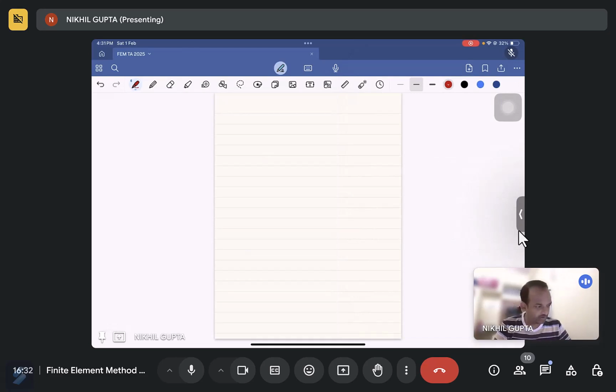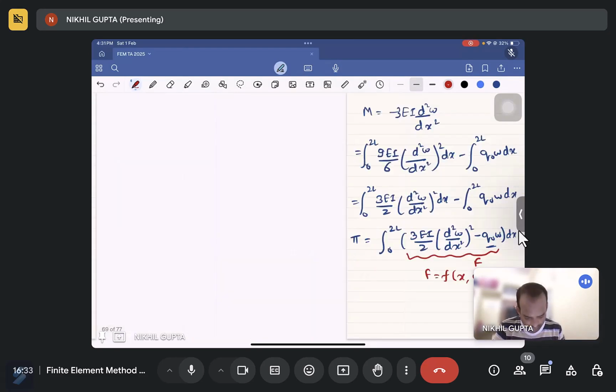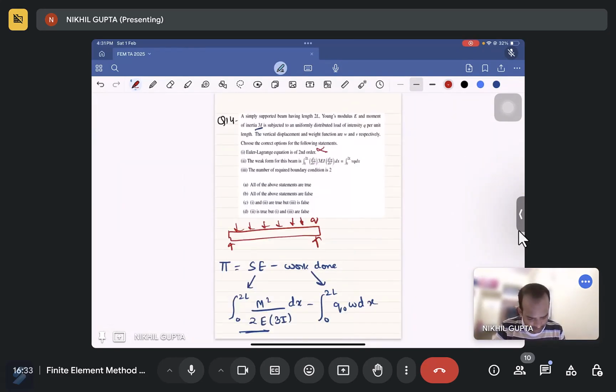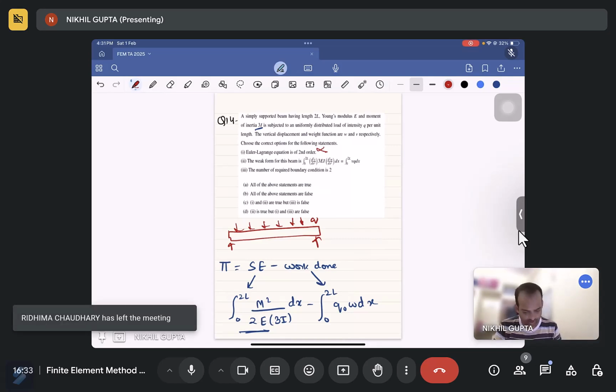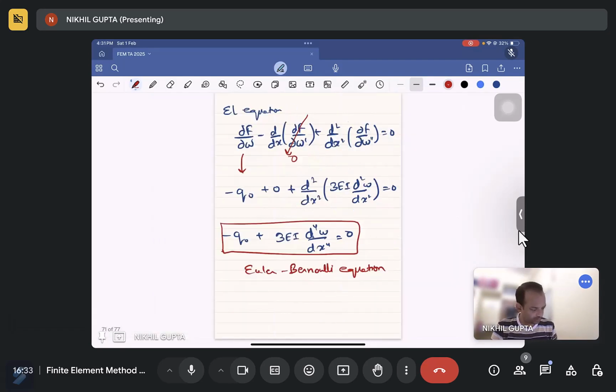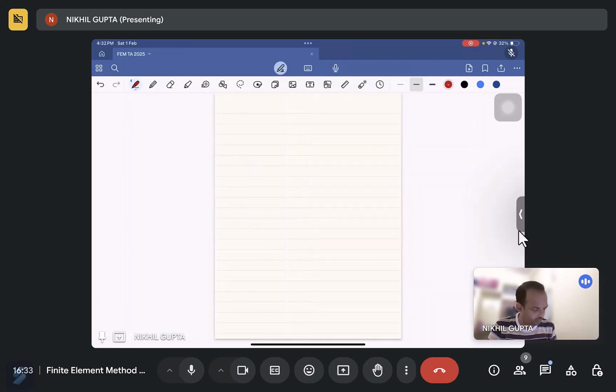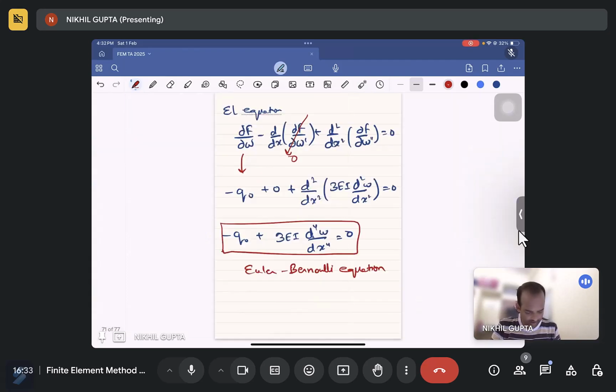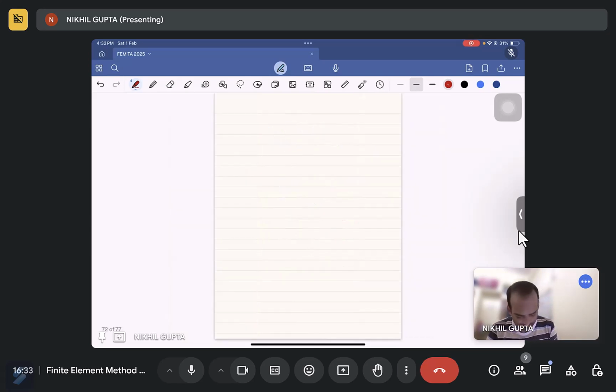For the weak form, what do we have to do? What is the solution that is given? 3ei. Okay, so let's solve the weak form equation. The equation which we have got is 3ei. We'll solve it as integral 0 to 2l of v.